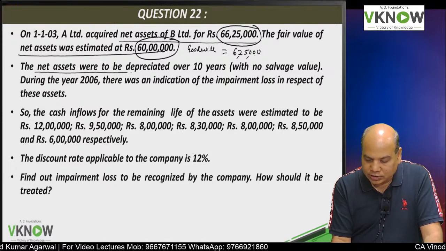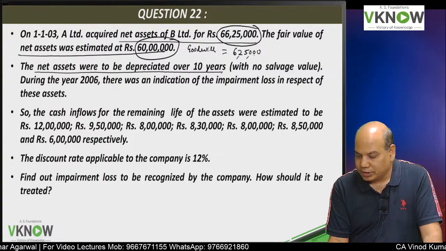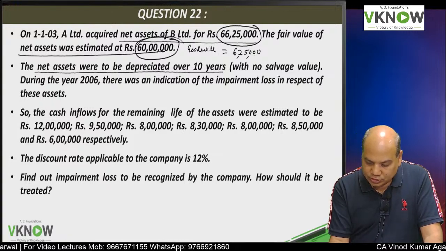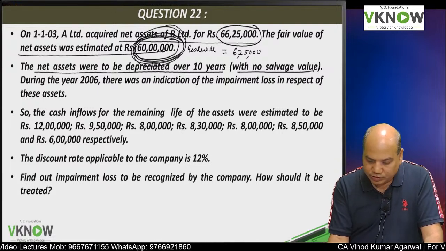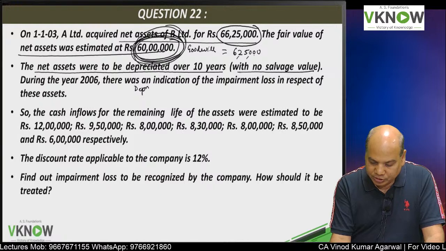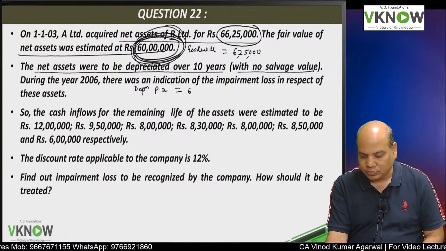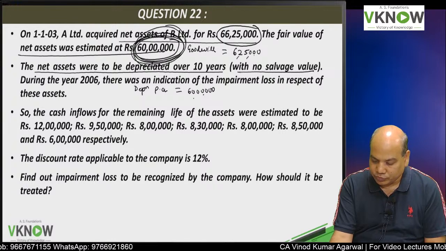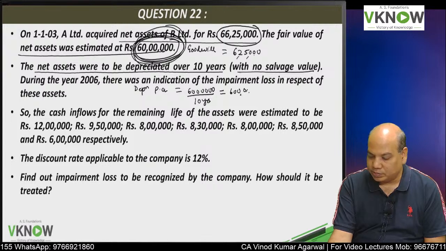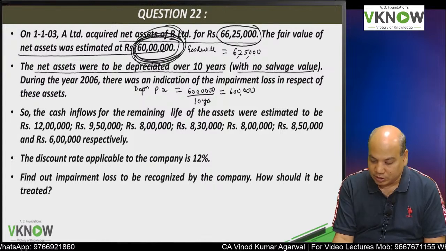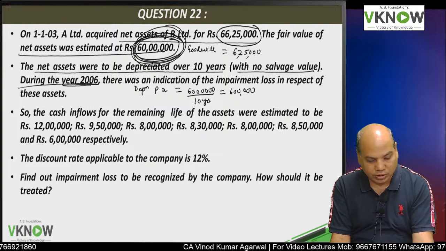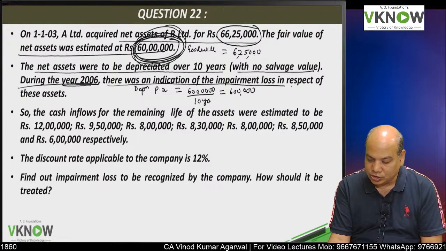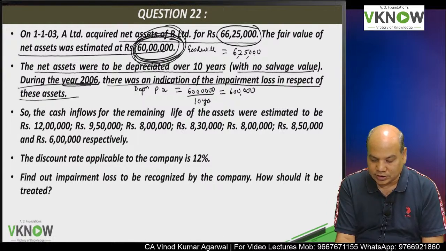Now they are saying the net assets are to be depreciated over 10 years. This 60 lakh rupees will be depreciated over 10 years with no salvage value. So depreciation per annum would be 60 lakh divided by 10 years, that is 6 lakh rupees per annum. During the year 2006, there was an indication of impairment loss in respect of this asset.